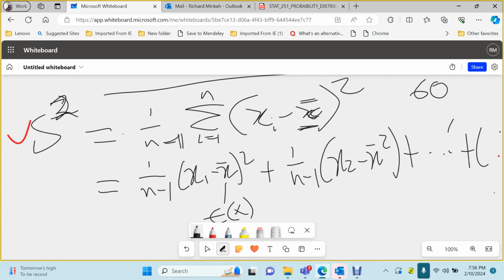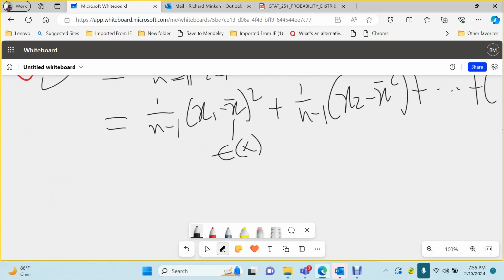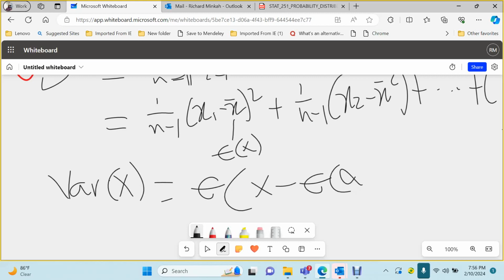So essentially, let me say intuitively, I can now say that the variance of X is the same as the expected value of X minus its expected value, all squared. Because this one too, I can say it's a summation. I have p times some x, which is the squared deviation. So this is what we call the variance.